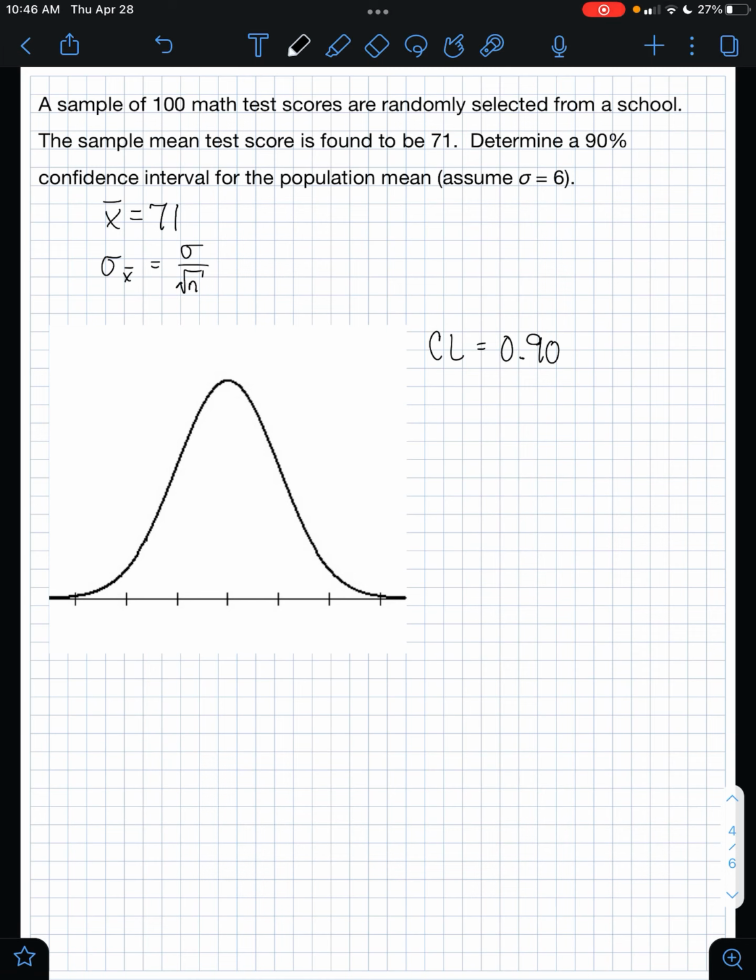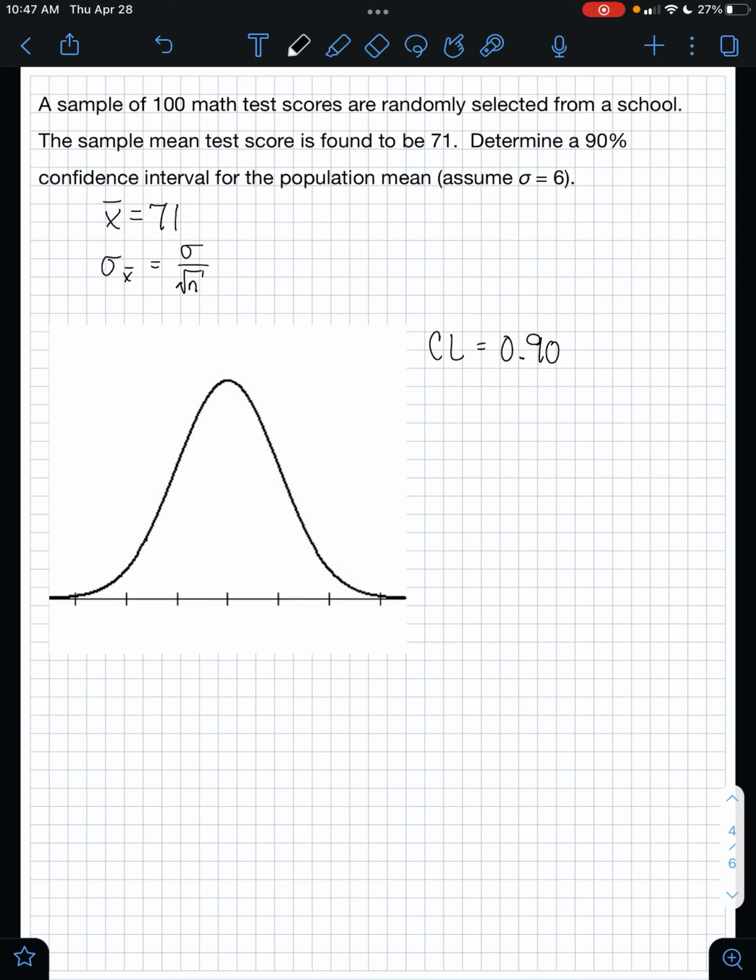Sigma, which is the population standard deviation, and the square root of n. N is the sample size. So we are told the sample size here, but the only thing we don't have access to is the value of sigma until that last little statement in parentheses. Assume sigma equals 6.